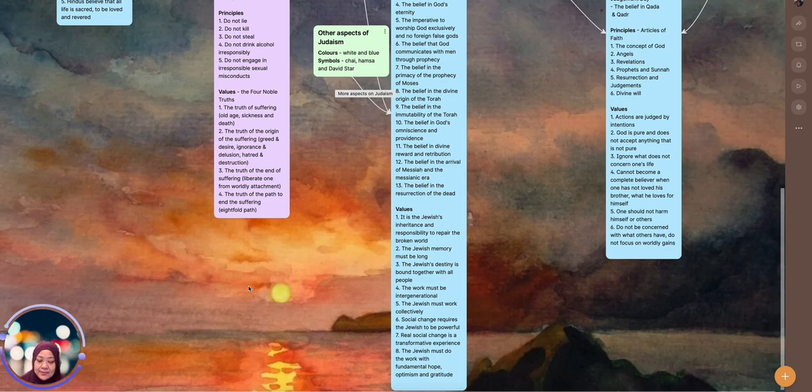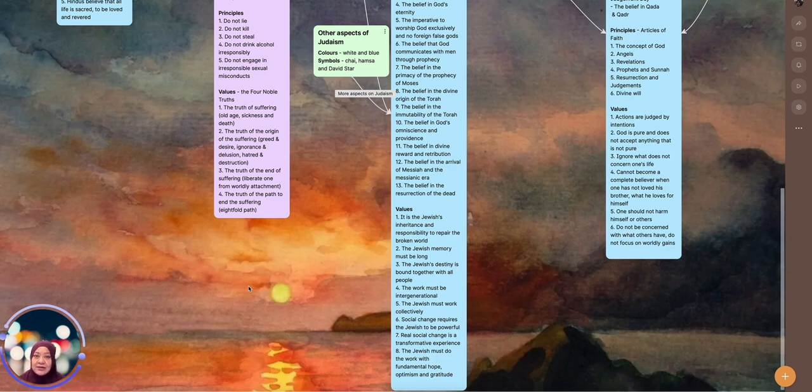Number 6, social change requires the Jewish to be powerful. So once again, this is related to the fact that they see the world, if the world is broken, it's their responsibility to mend or to repair the world. So number 6 and number 5 actually come hand in hand.